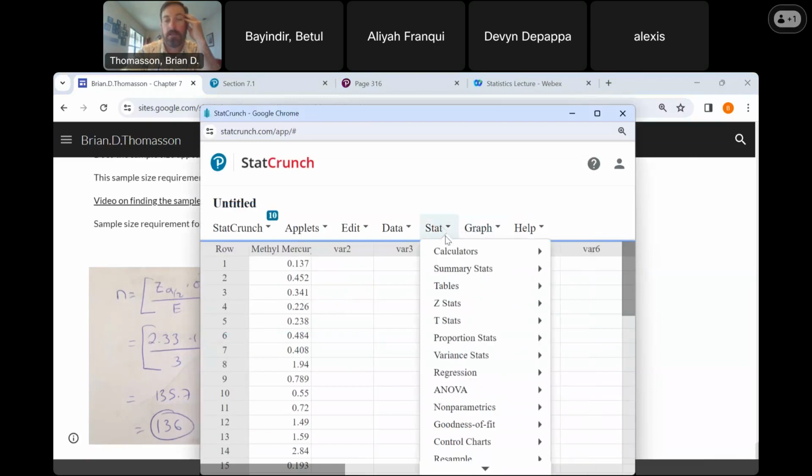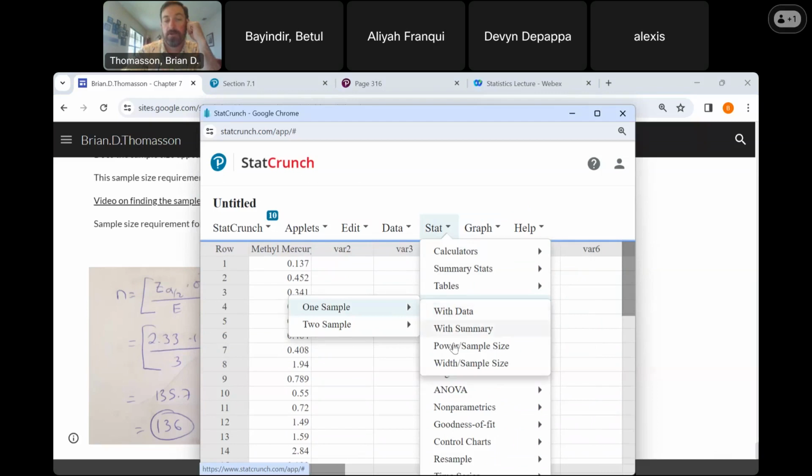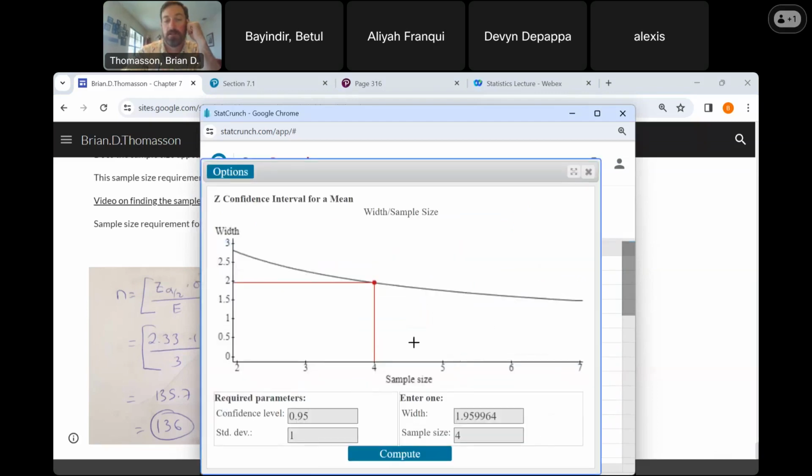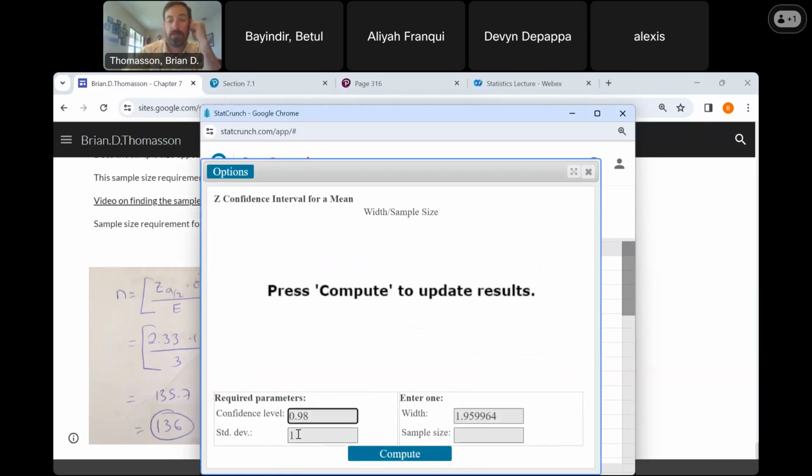We're going to go under Stat. Instead of T stats, we're going to go under Z stats because they have the Z in the formula, not the T. We've got one sample, and then with sample size. Okay. So our confidence level, we wanted to be 98%. They told us our standard deviation was 15, and our width is 6. Okay, let's figure out why we got 6.